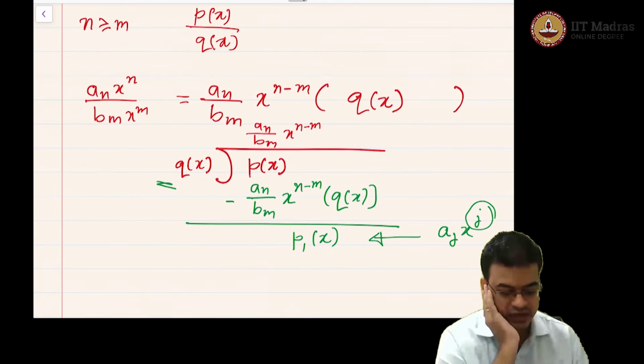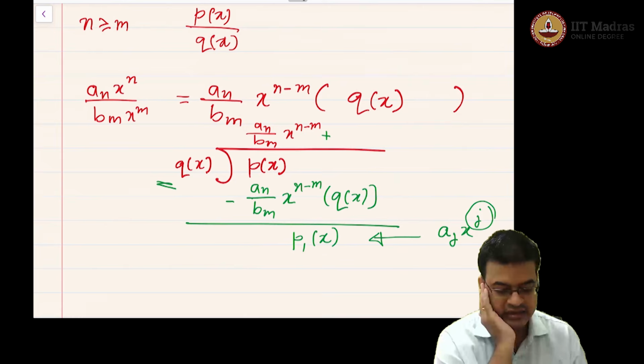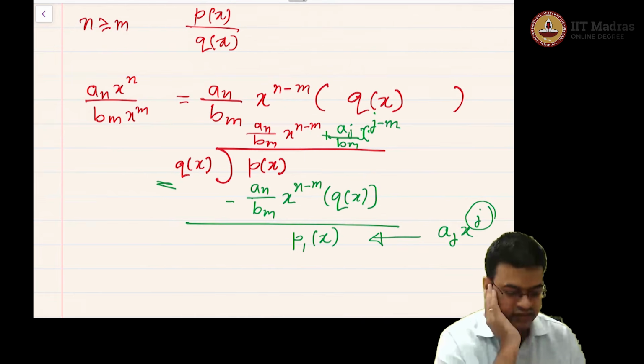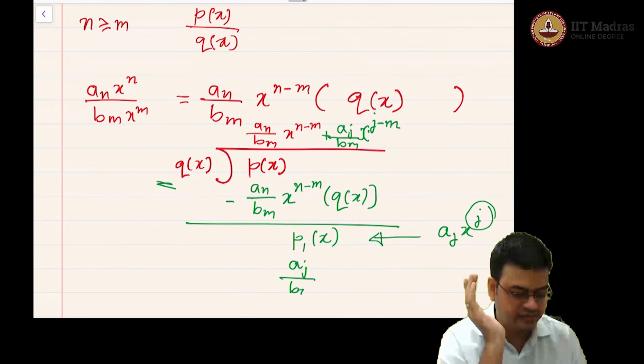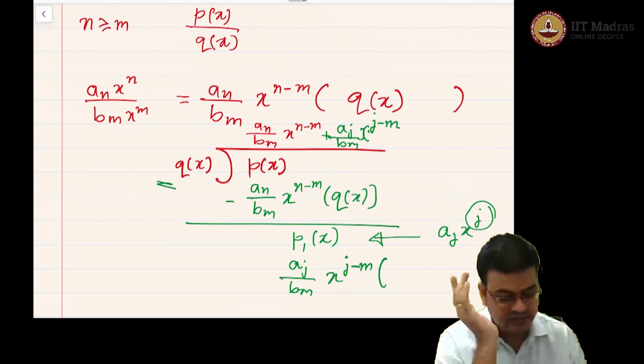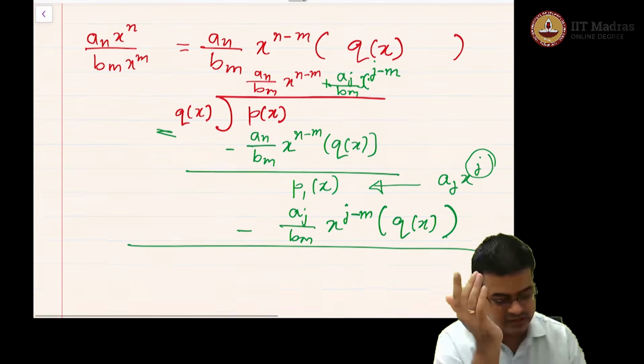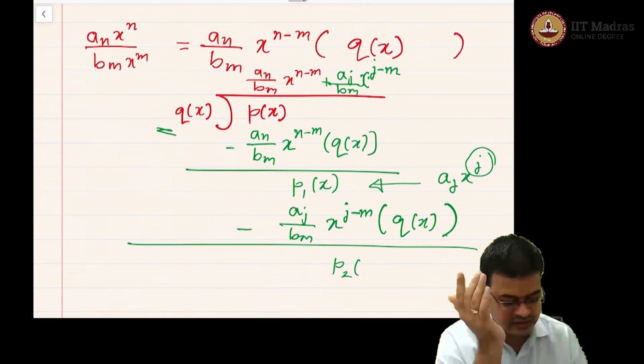If not, I will continue: I will add the term a_j upon b_m x^(j minus m) to the quotient, multiply it with q(x), and again subtract this term, and then find another polynomial p2(x), and so on.